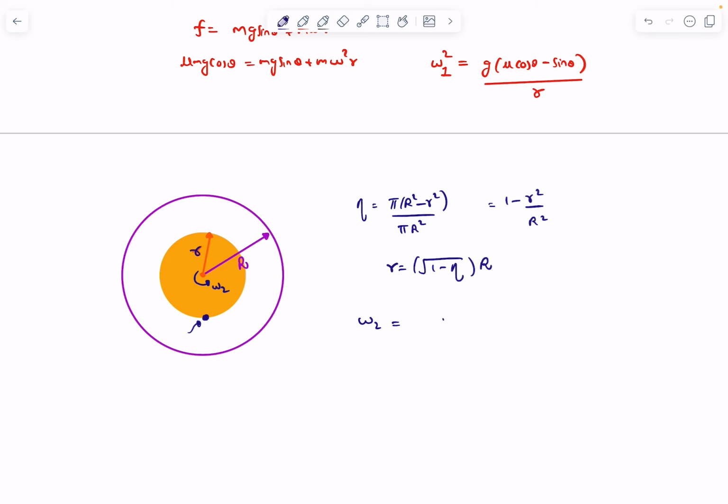Let's try to solve for this. It will be g times mu cos theta minus sin theta. When omega becomes equal to this particular value, the sand particle at the lowest point will be on the verge of slipping. If we start increasing omega even more, the radius will start shrinking even more. So this would be the answer to the question.